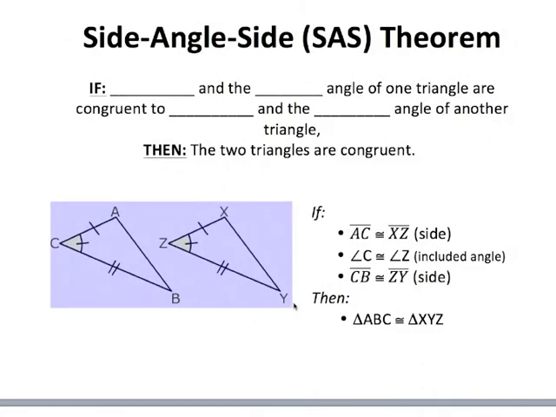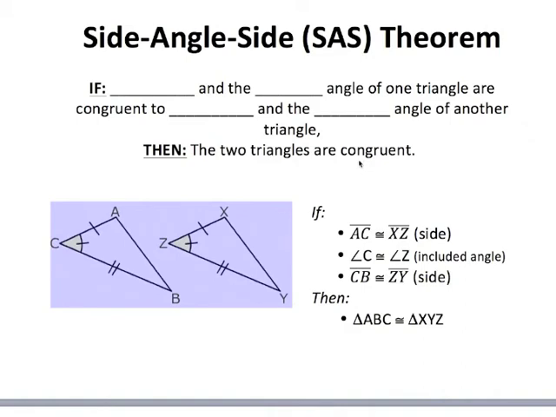Next, we have the side-angle-side theorem, also known as SAS. And here it states that if 2 sides and the included angle of one triangle are congruent to 2 sides and the included angle of another triangle, then the 2 triangles are congruent.